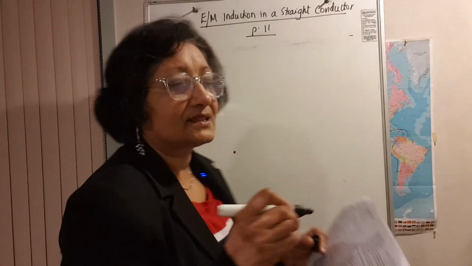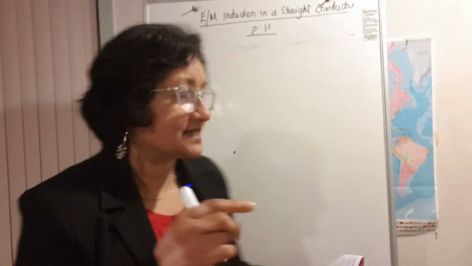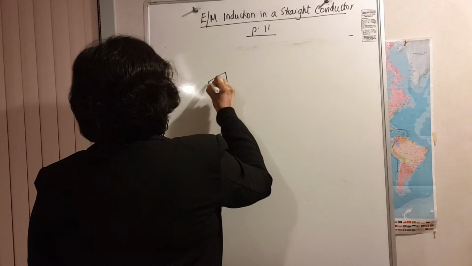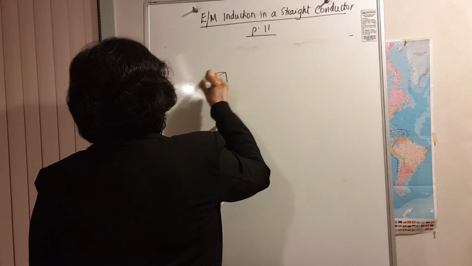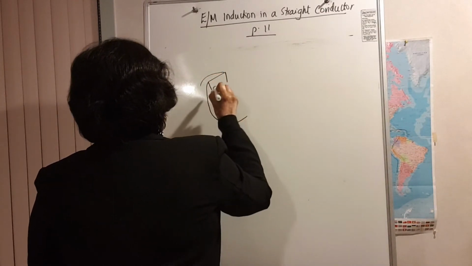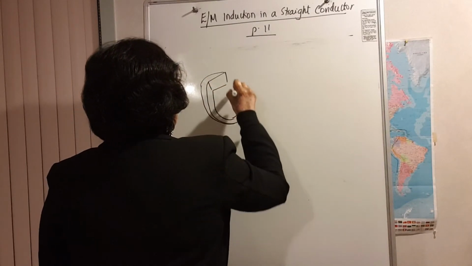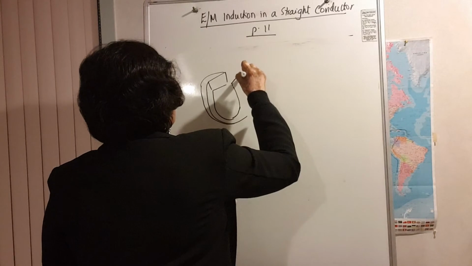The L in the formula V equals BvL stands for the length of the wire in the field. So the poles of the magnet have a width and a height, and it goes like this, and then you have the opposite poles.